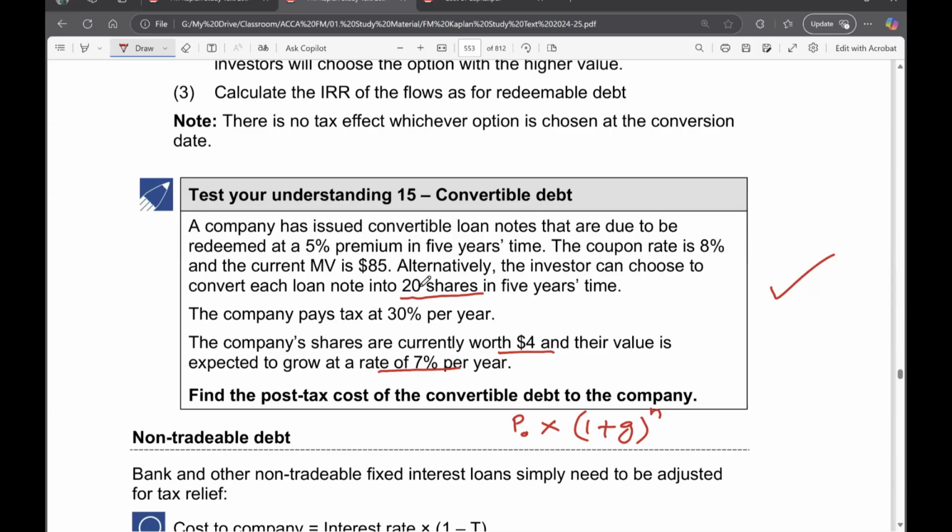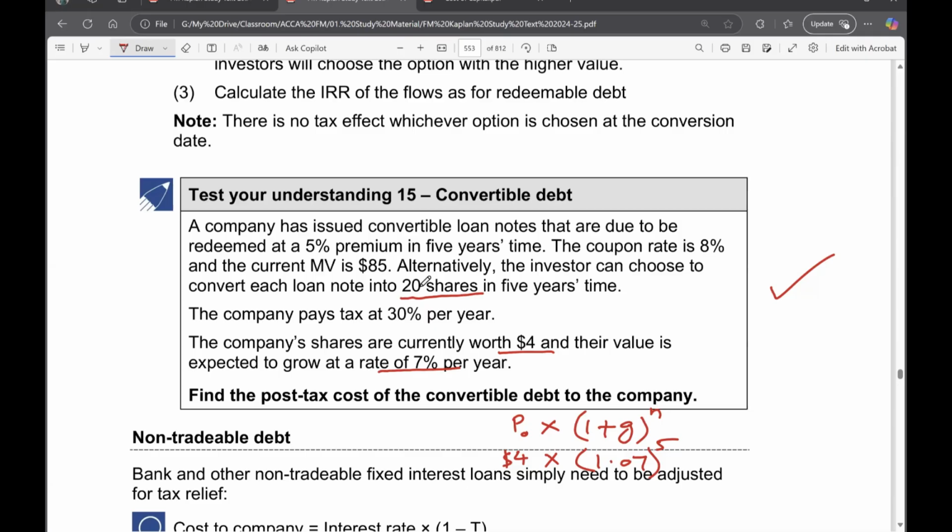We expect that the price of our share will grow with 7% every year. So the current share price is $4, and we expect 7% growth for the coming 5 years. So what does it give me? It gives me the market price of our share at maturity that we're looking for.